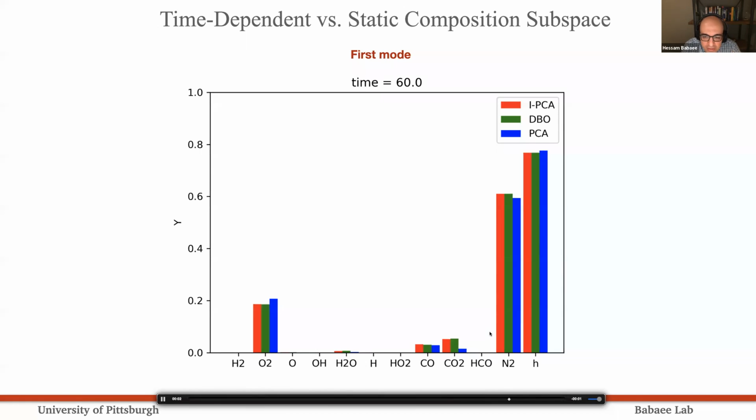So this is a weighted time-dependent linear combination of existing ones, and you can name that as a new species and solve for this species. So that's another way to look at it. So you can say that this linear combination is the most important linear combination among those species.